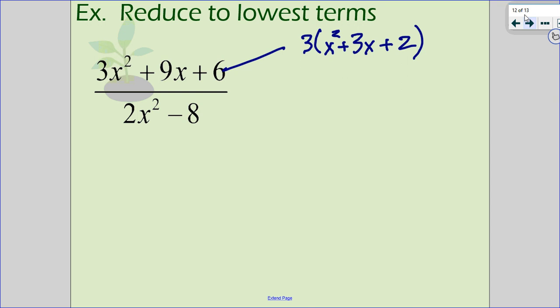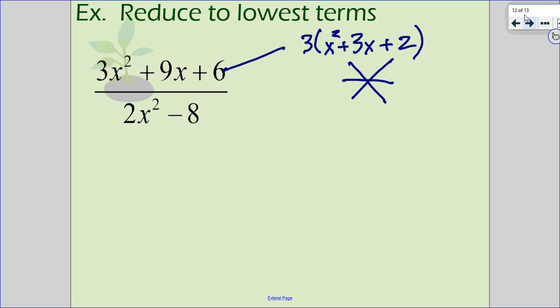Can that one be further factored? Yes. What would you use to do that? You just have to snowflake it. And the way you know to snowflake it is this is a quadratic.